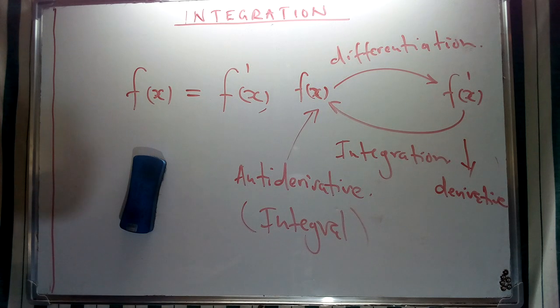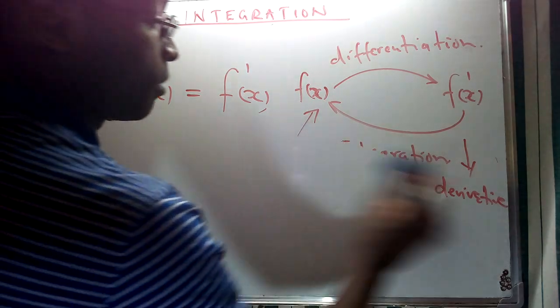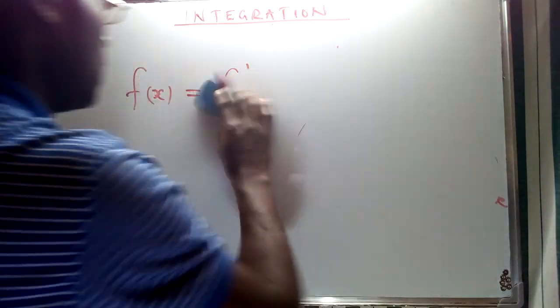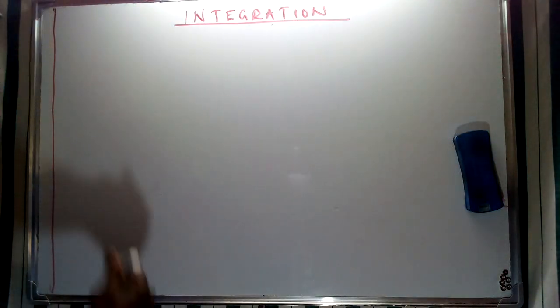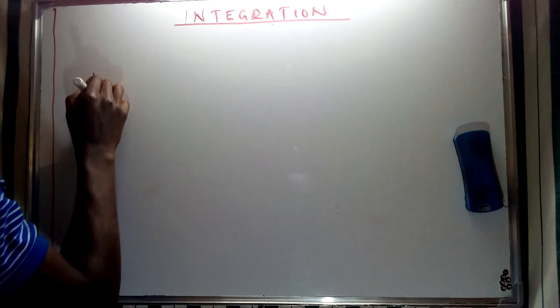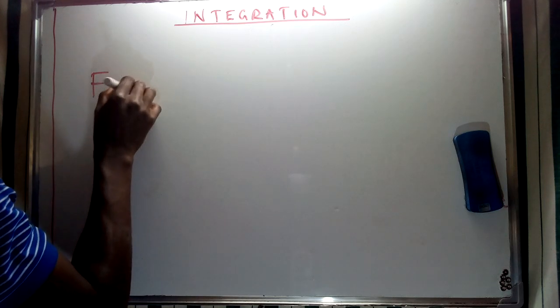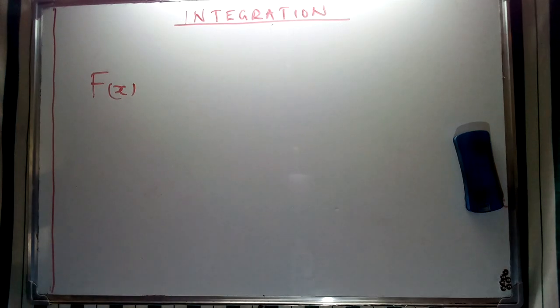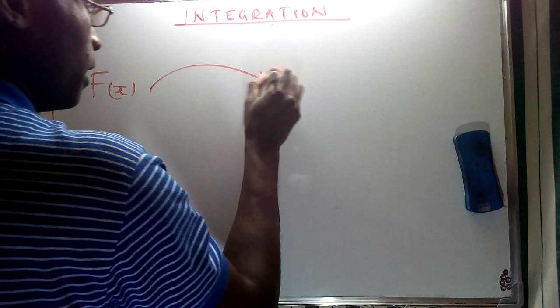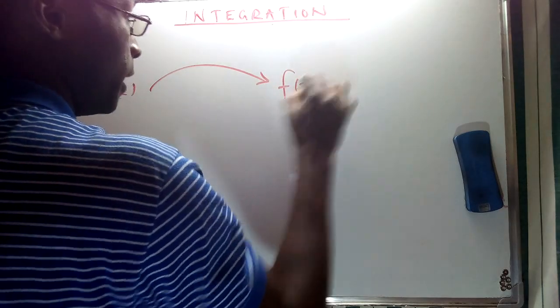Now there's a specific denotation that we're going to use in reference to this concept of integration, and I'm going to just use this space. So suppose we have a function f of x, and we were required to find what we refer to as an integral, which is f small of x.